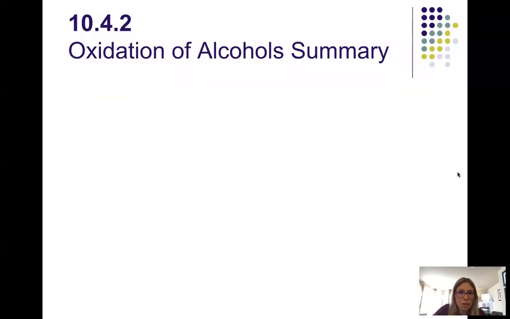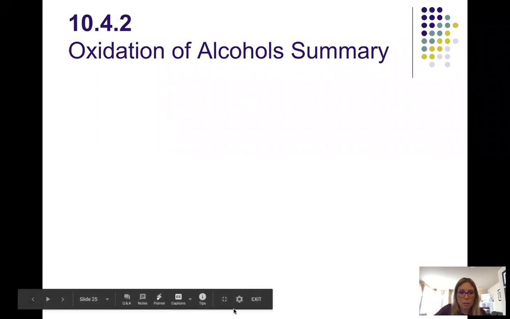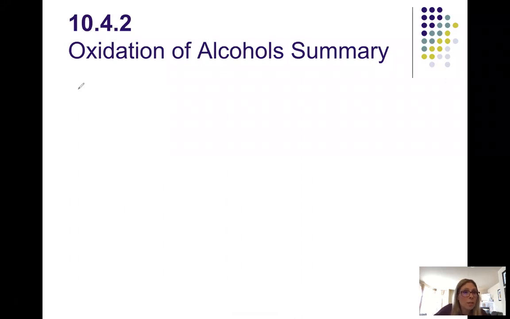All right, so I am going to try to do kind of a summary for you based on the degree of the alcohol that we've got. If we have a primary alcohol, and that gets exposed to an oxidizing agent, which we'll be talking about later, then that can get converted into an aldehyde.